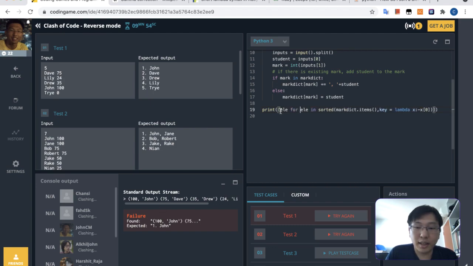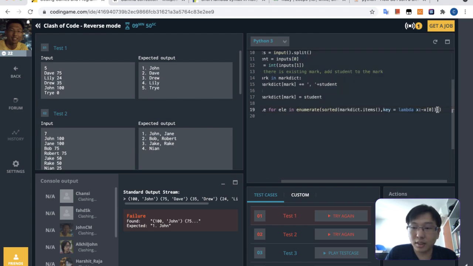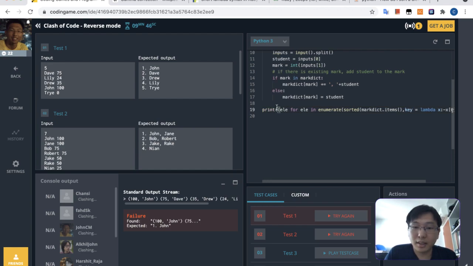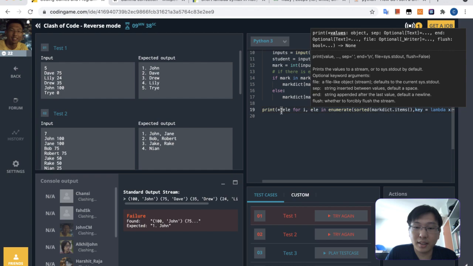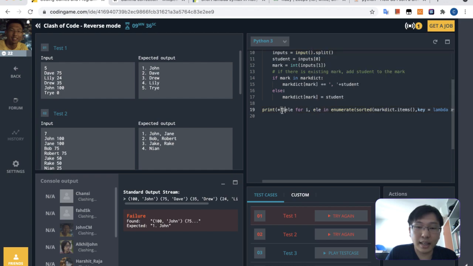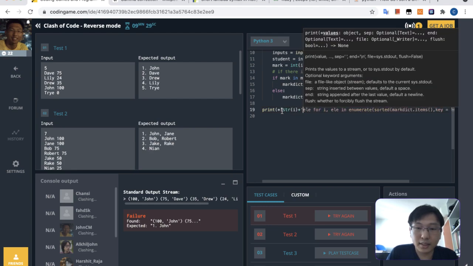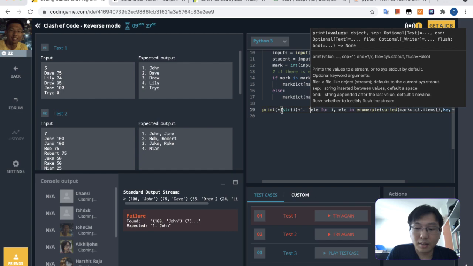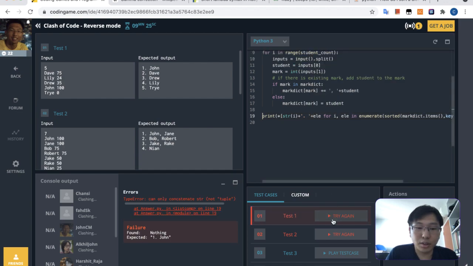Print Ellie for Ellie in enumerate sorted this one. I know this looks a little lengthy, but this should work. Okay, so Ellie, the enumerate, we need a number, we need a value i. So i, string i, plus dots plus Ellie. This should do it.